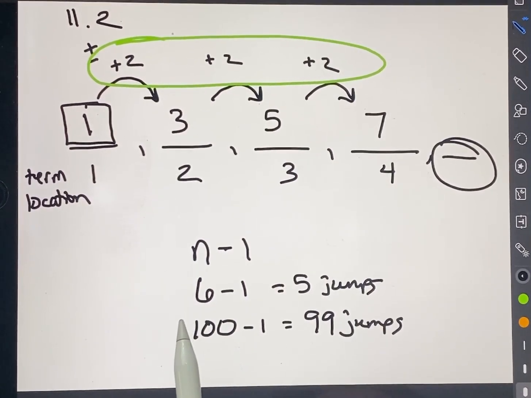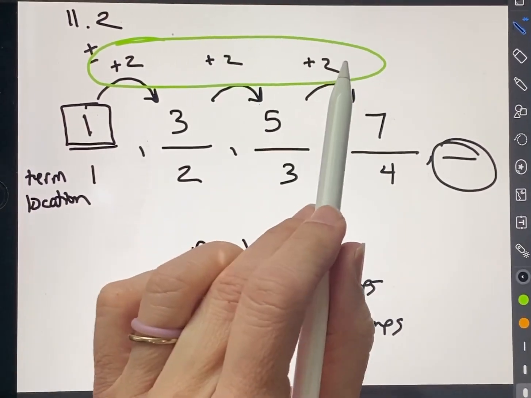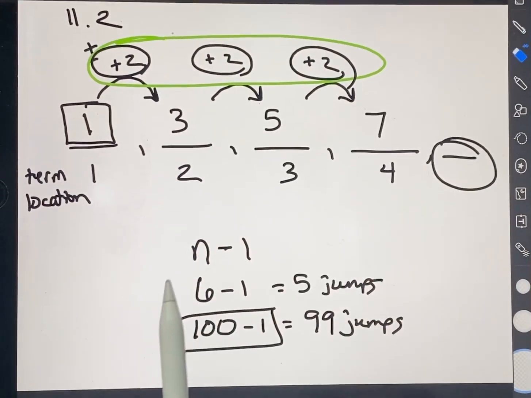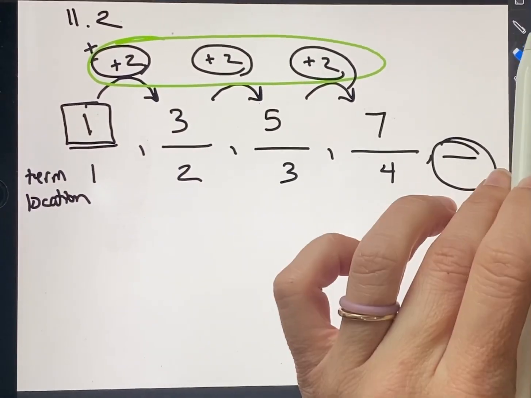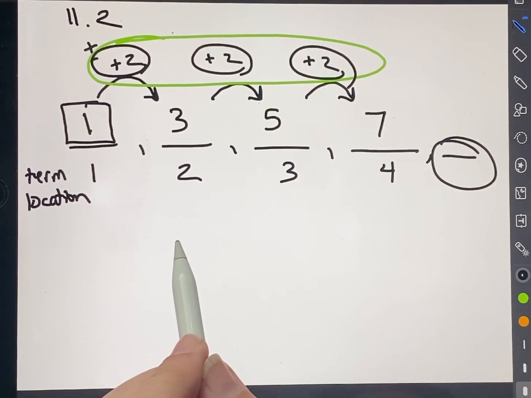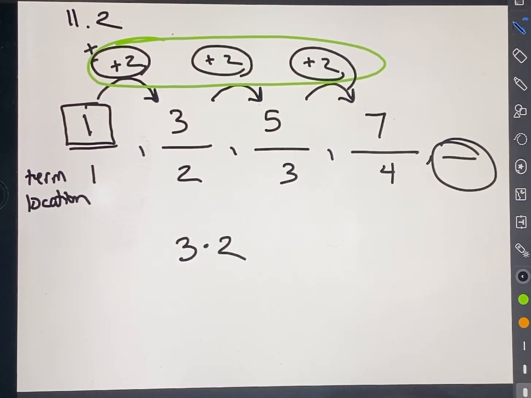And this is important to know that it's the number of times that you are adding this value. So then let's think about that. If I have 3 2's here, I can rewrite that as 3 times 2.